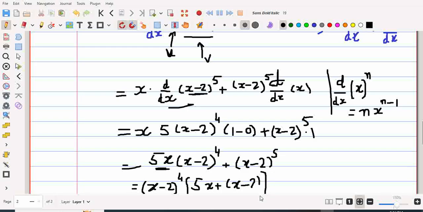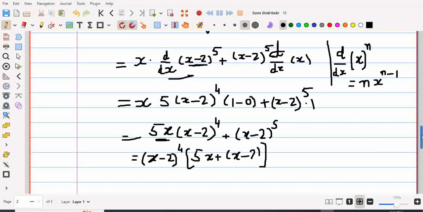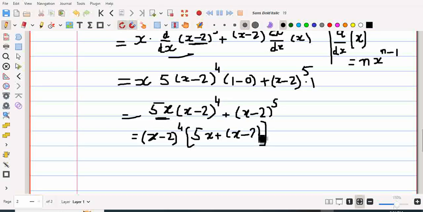So the answer can be written as (x minus 2) power 4 multiplied by (5x plus x minus 2), which is 6x minus 2, and that's it. That's the answer to the question, and I stop it here.